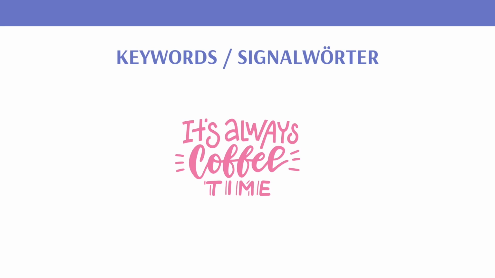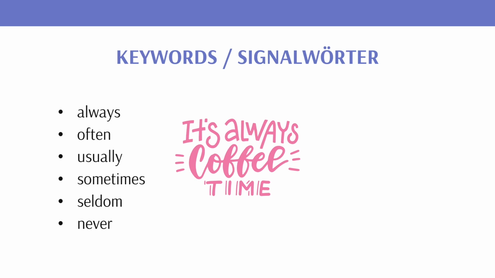What keywords do we use in present simple tense? Welche Signalwörter benutzen wir? Always, immer. Often, oft. Usually, für gewöhnlich. Sometimes, manchmal. Seldom, selten.